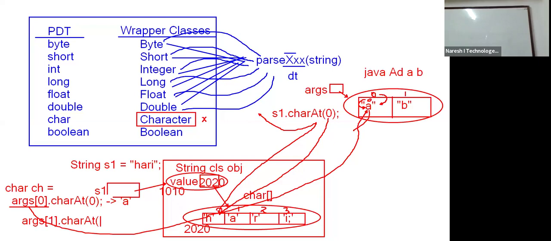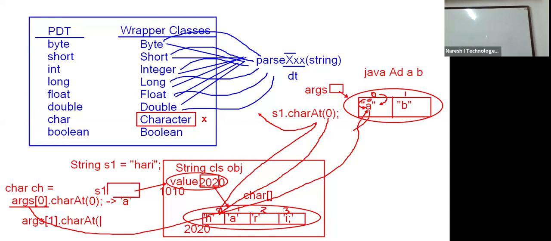Every string object's characters start with 0. This 1 is the array object index. This is double quotes B, again another string object. In this string object, B is located at which index number? 0, not 1, right?